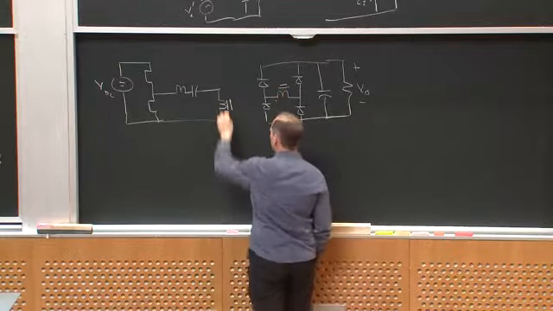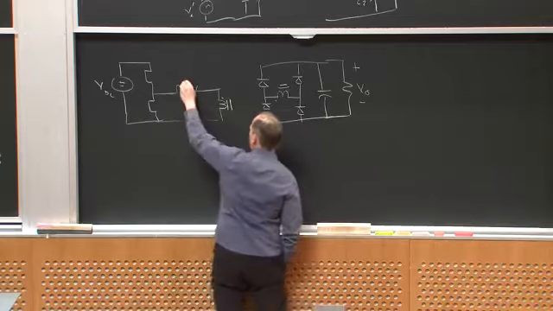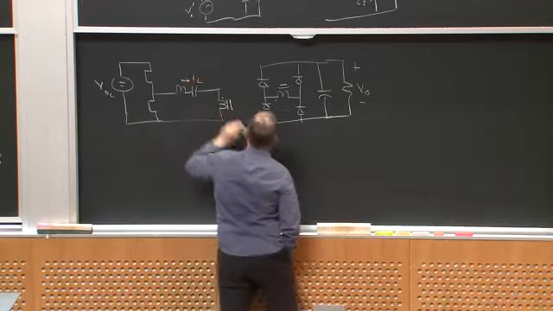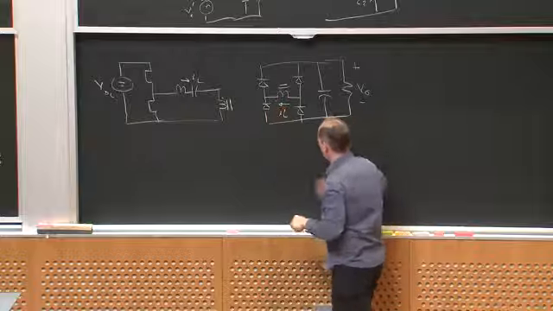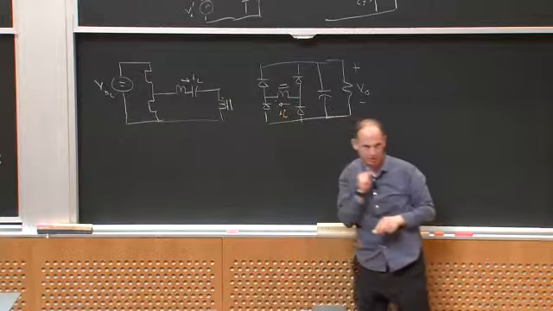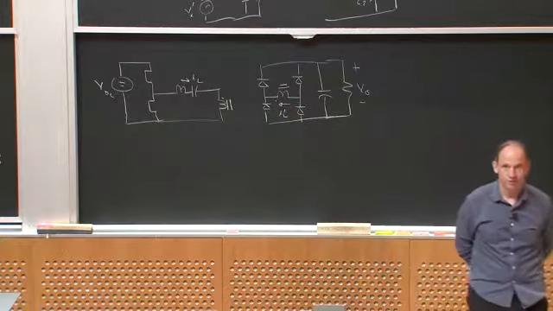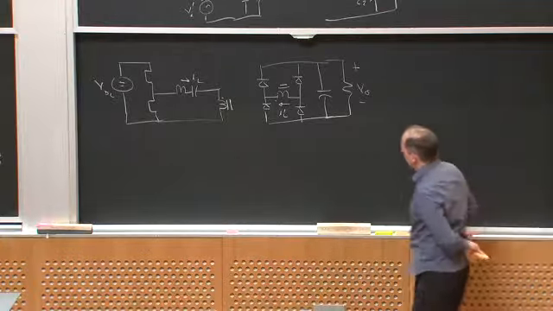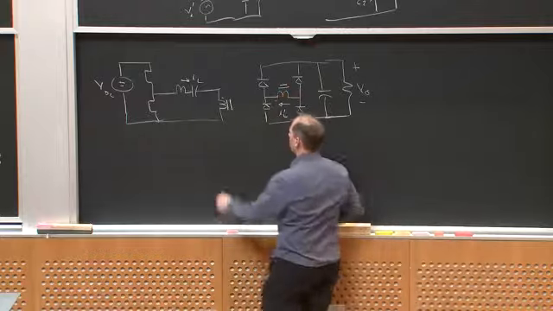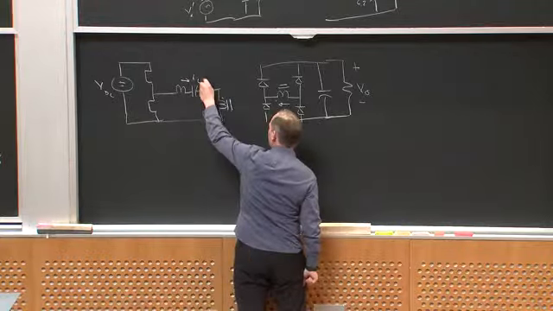So if this is, for example, I sub L, maybe this is then IL prime, which is exactly just I sub L scaled by the turns ratio, or the inverse of the turns ratio. Okay? What does this impedance look like looking in here?